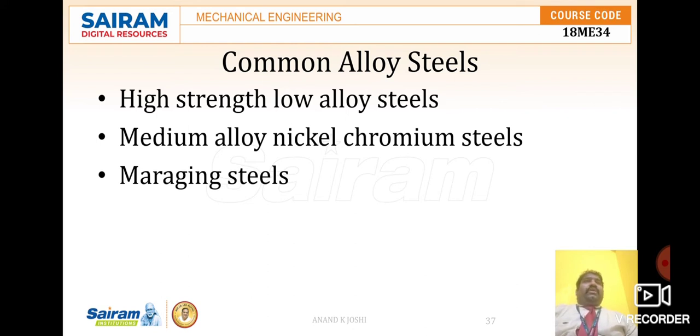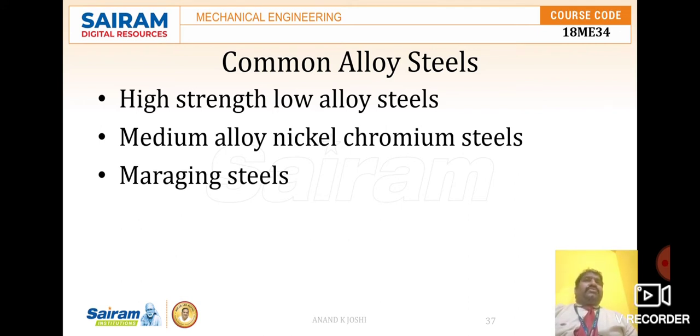The term medium alloy steel is used when the total amount of alloying elements is between 2 to 10%. Medium alloy nickel chromium steels are widely used where high tensile strength and hardness are required. When chromium and nickel are added to steel, the grain size limiting property of nickel and the carbide forming property of chromium combine to give a very widely used alloy steel.